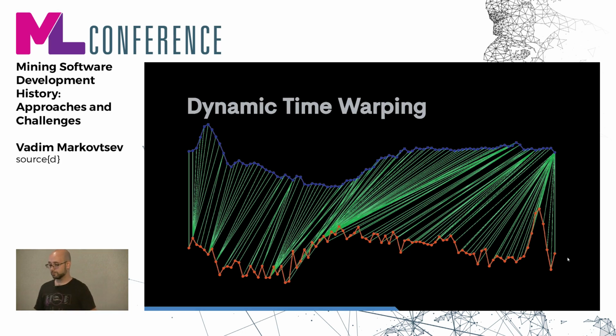In our case, we can also use it. So the idea is to map each point from the first series to some point in the second time series, so that the sum of the distances is minimal. So we solve an optimization problem.